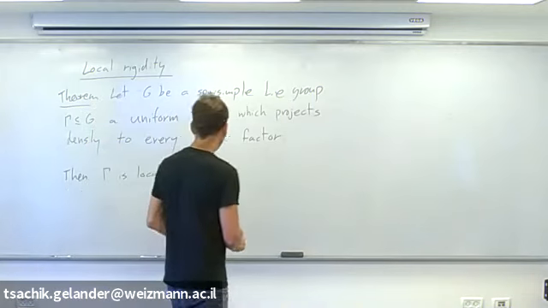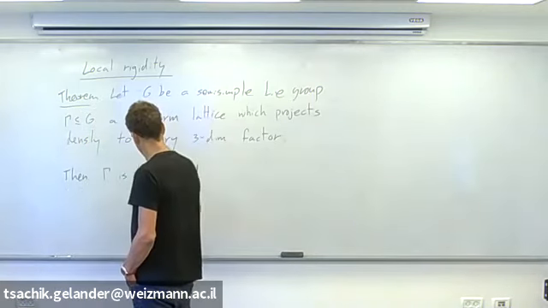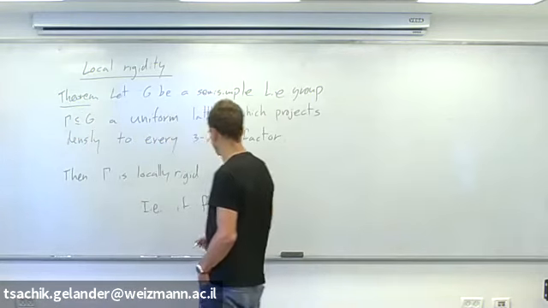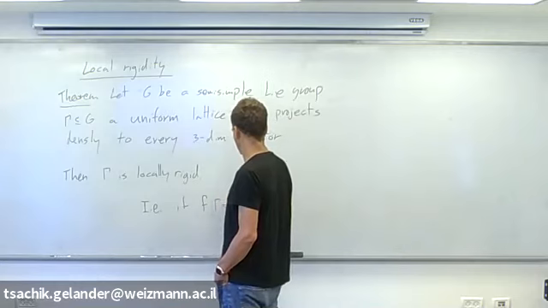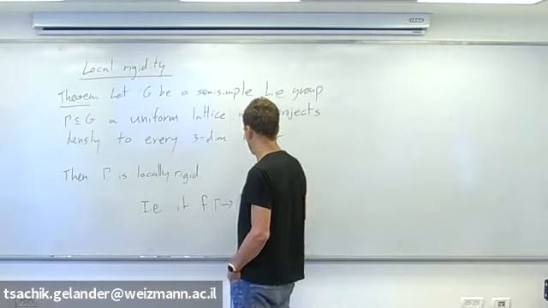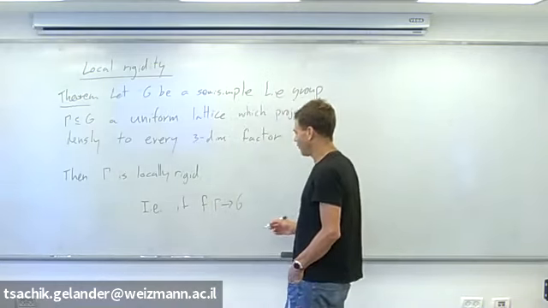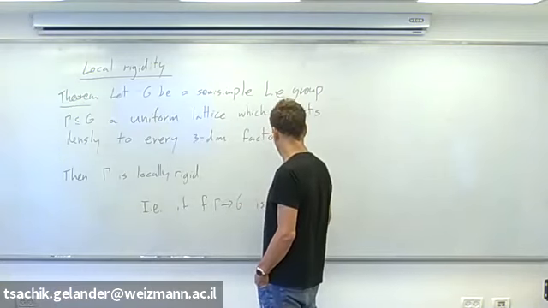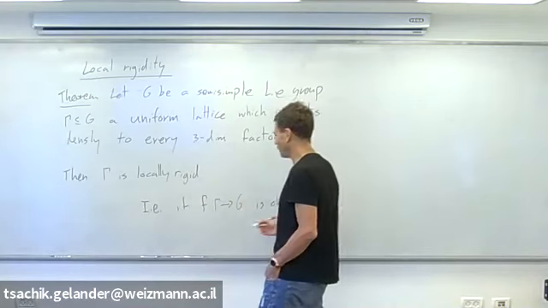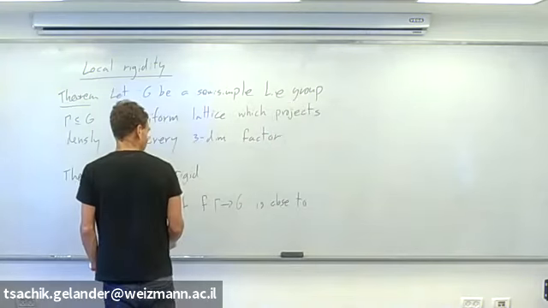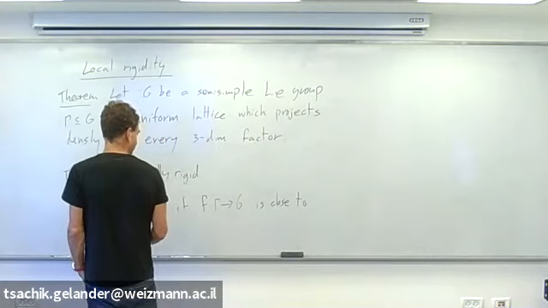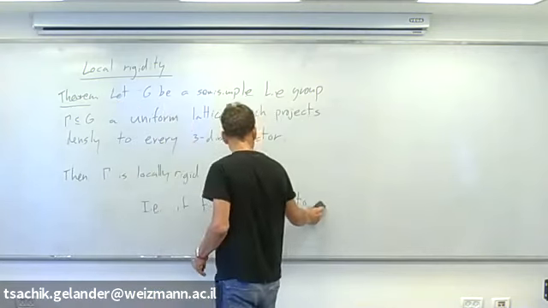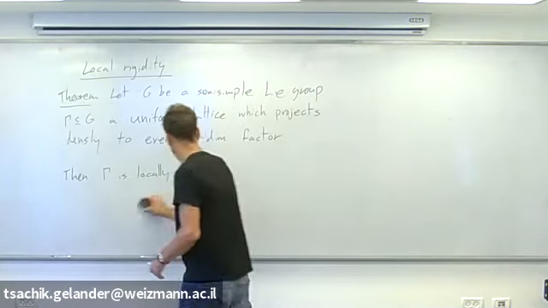What it means is that if F from gamma to G is close to the identity, close to the inclusion, sufficiently close, actually you can state it in the following way.